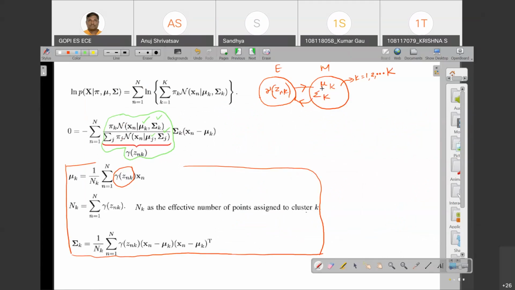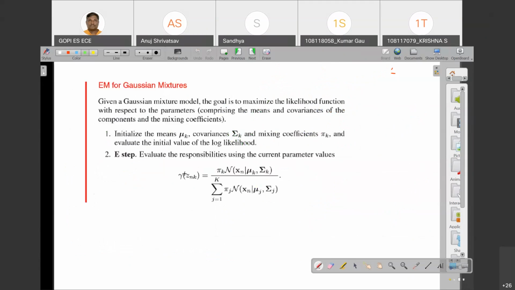That is what we are going for, this expectation maximization algorithm. The latest mu k and sigma k will determine the new value of this gamma, and gamma will help you to get back your mu k and sigma k. It is in an iteration. So this expectation maximization algorithm now becomes very simple.